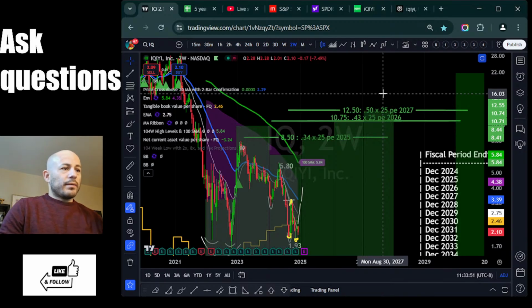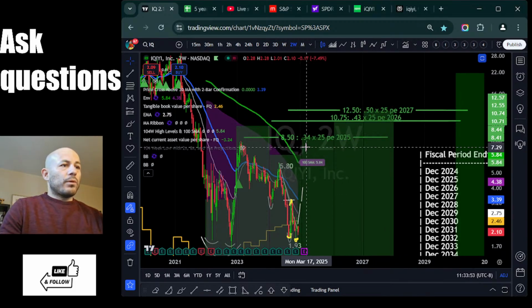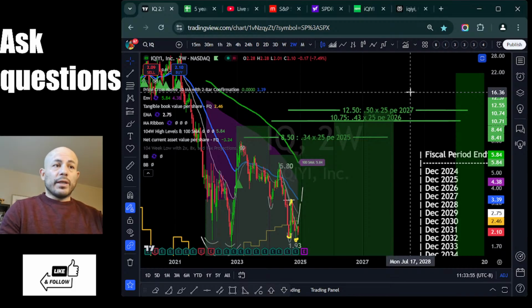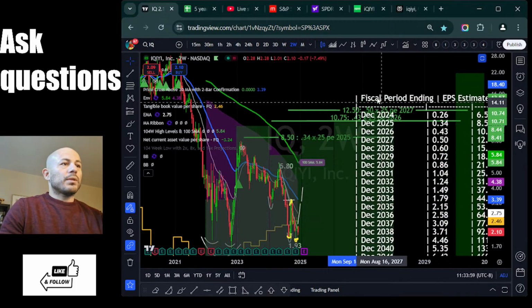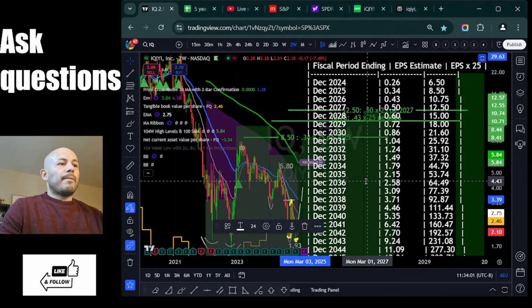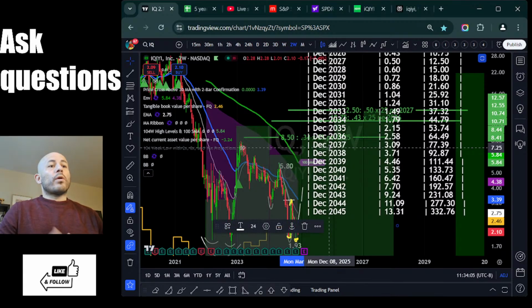But imagine buying in at this level. It goes up, it goes up, it goes up. It keeps earning. What should it be worth? Well, that's what this table is meant to do. If you hold this forever, well, that's what Warren Buffett does. He holds them forever. One day, could this be worth over $300 a share?